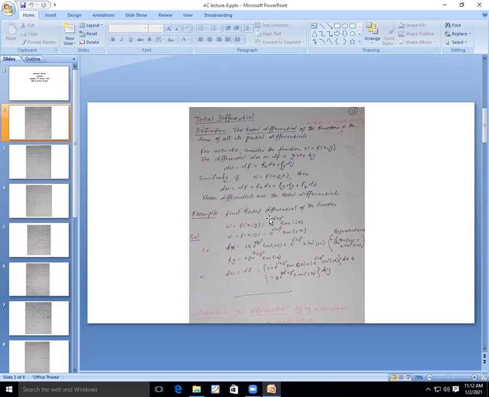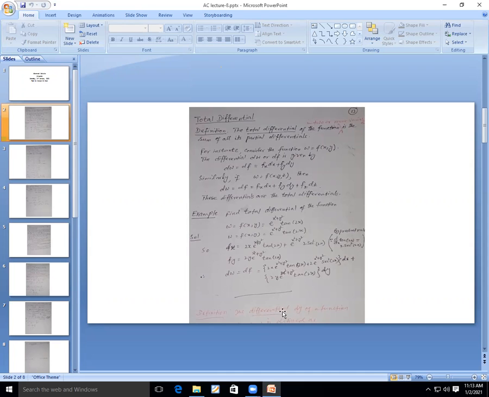So the derivative of x square plus y square with respect to x is 2x while keeping y as constant, and then write e power x square plus y square, and this tangent 2x.